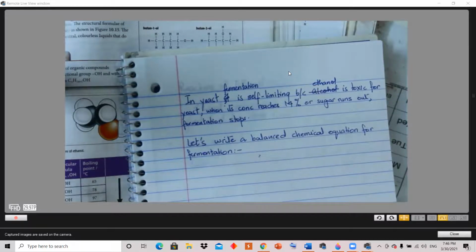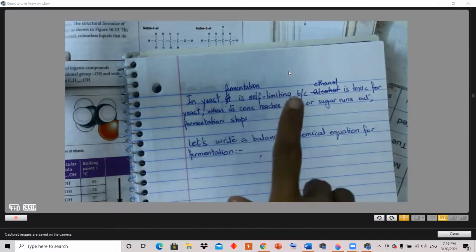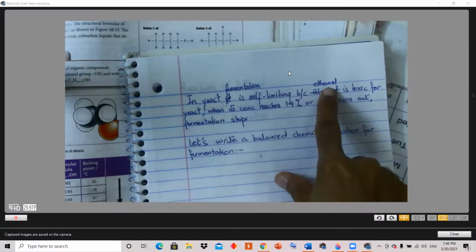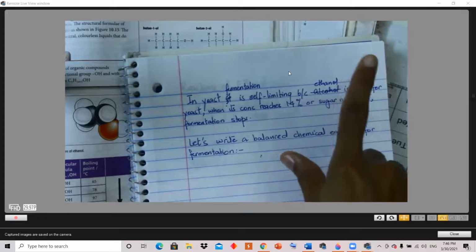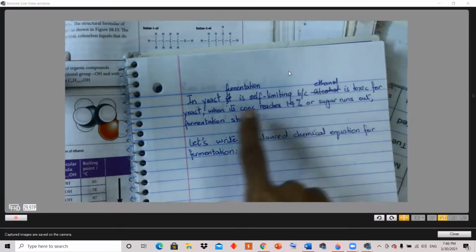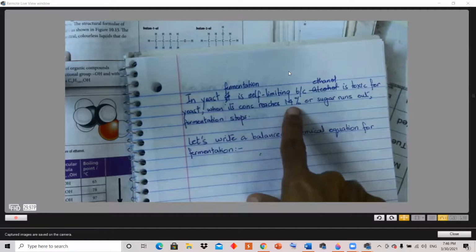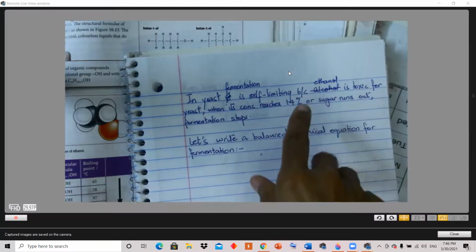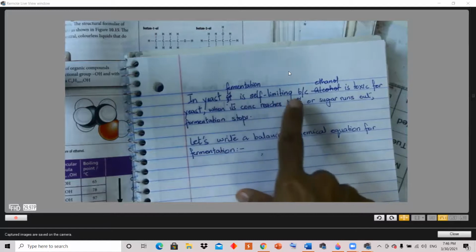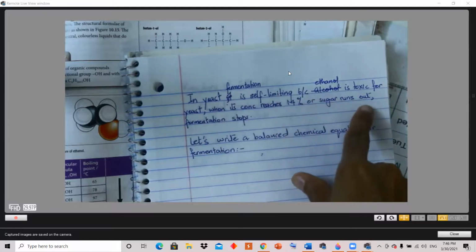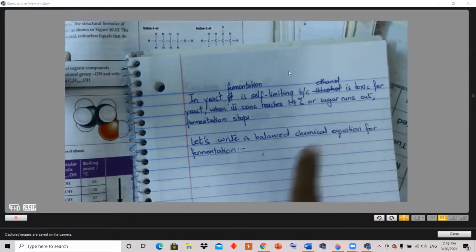So the product is ethanol. As the concentration rises, it is toxic for yeast. When the concentration reaches 14%, two things happen. First of all, the cell dies, and also the sugar runs out.